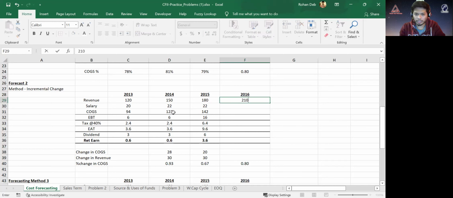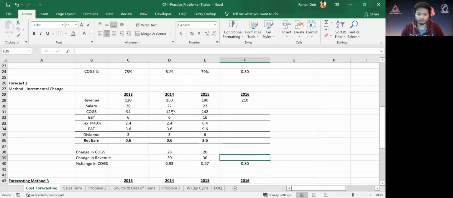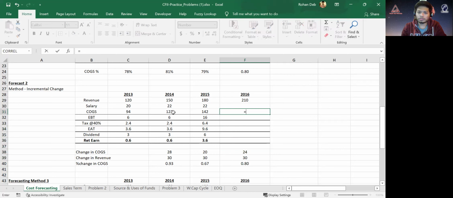So 210 means 30 rupees increase in sales. 80% of that would be equal to 24. So we are assuming that cost of goods sold would be increasing by 142 plus 24.